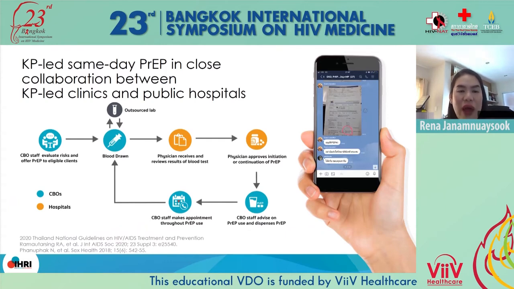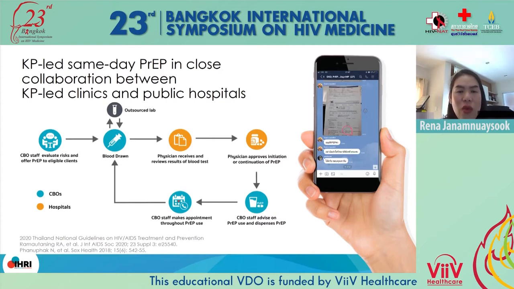The staff will evaluate your risk and offer PrEP if you are eligible, and you will have a blood draw at the clinic, and certain labs will be outsourced. Then the blood result will be sent to the physician through the LINE application, which is the most popular online application in Thailand.